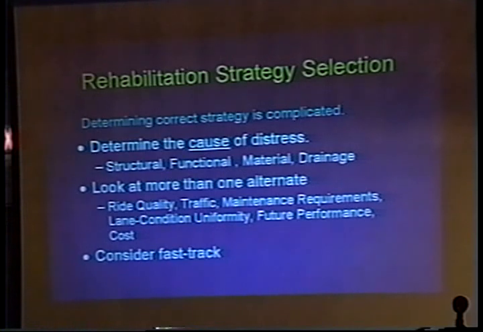When you choose your correct strategy, you have to take a look at several different things. The cause of your distress, whether it be structural: voids underneath the pavement, loss of joint or loss of load transfer across joints; functional: skid resistance problems, faulting of the joints, something to make it functionally not acceptable.